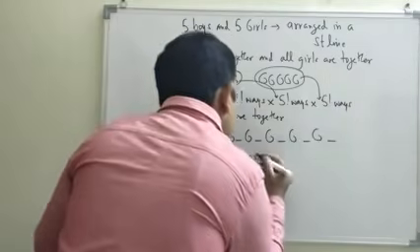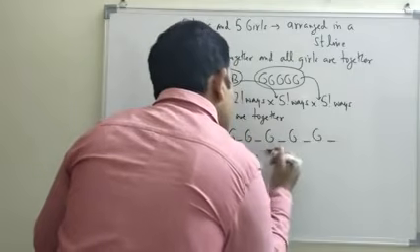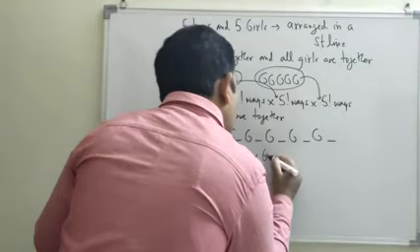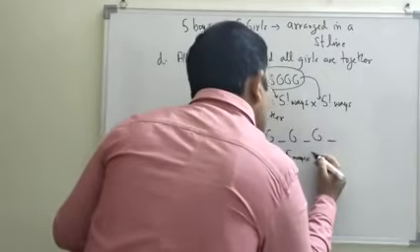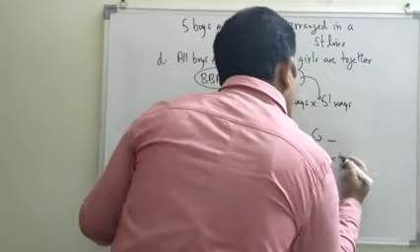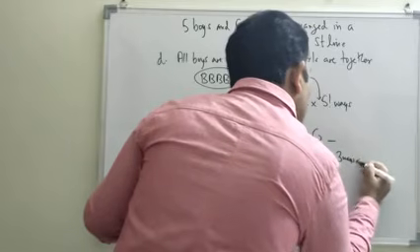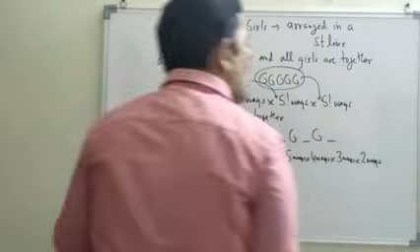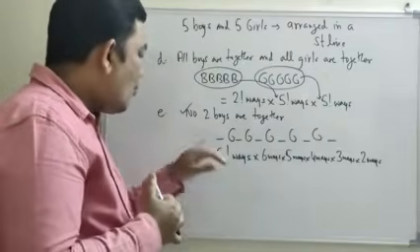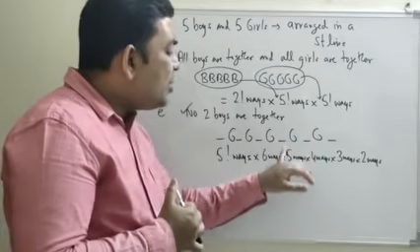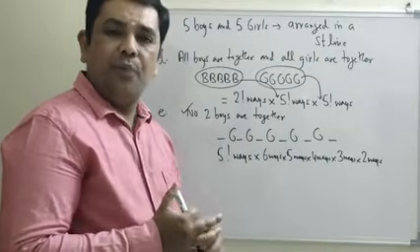So the first boy can occupy a place in 6 ways, the second boy in 5 ways, the third boy in 4 ways, the fourth boy in 3 ways, and the fifth boy in 2 ways. So what is the answer? 5 factorial into 6 into 5 into 4 into 3 into 2.